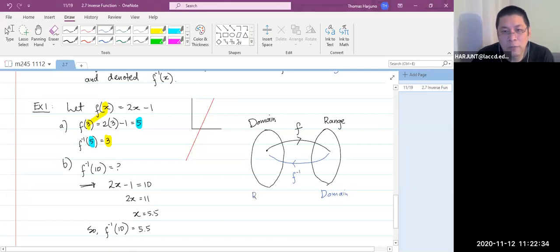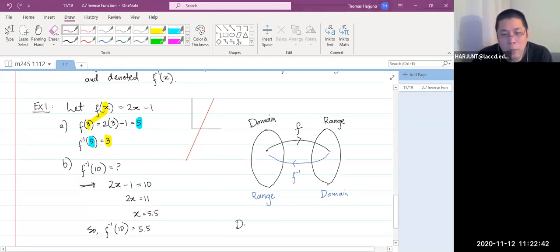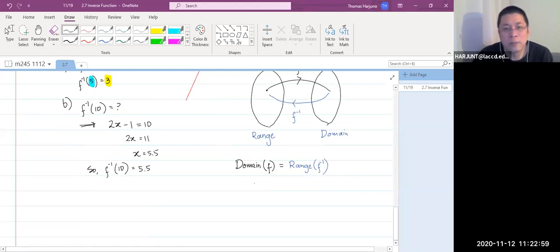And the range of the inverse function is the domain of f. Let me write it explicitly. The domain of the function f is equal to the range of the inverse function f inverse, and the range of the function will be the domain of the inverse function.